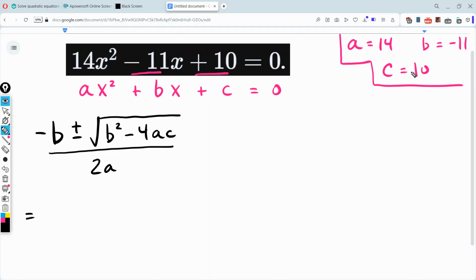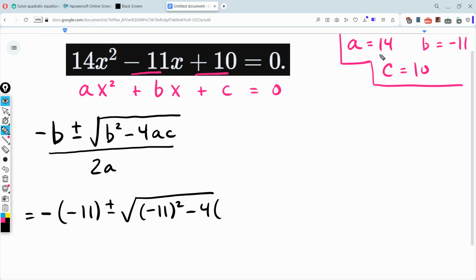So negative b is going to be the negative of negative 11, since b is negative 11. Plus or minus the square root. B squared is going to be negative 11 squared, minus 4 times a times c.